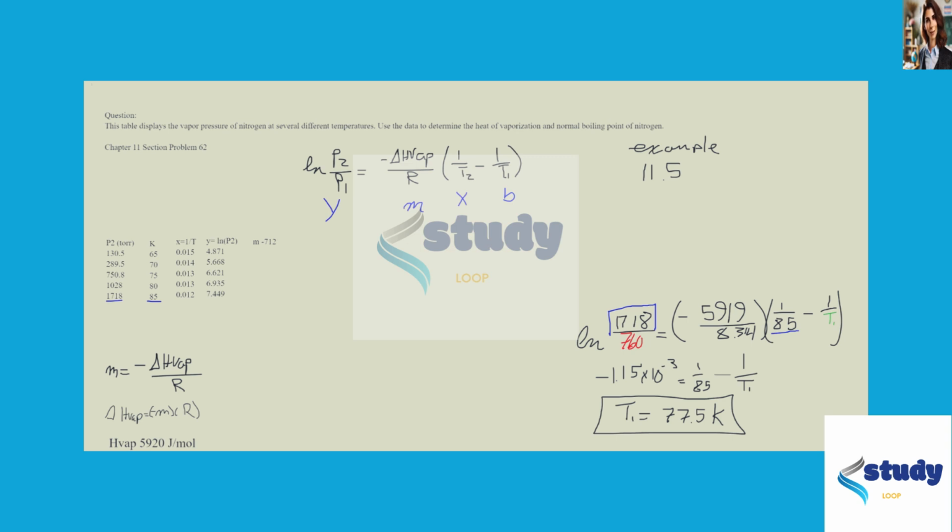And what we can do is plot this. And again, whenever you're talking about graphs, if you say blank versus blank, it's Y versus X. So if we plot the natural log of the pressures they give us versus 1 over T, the slope of the graph that you'll make is equal to minus delta H vap over R. We can understand that by looking at this equation as y is equal to mx plus b.